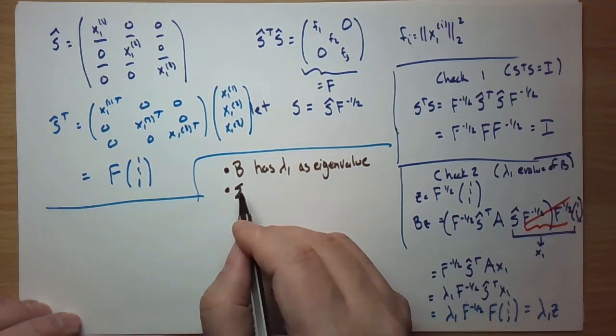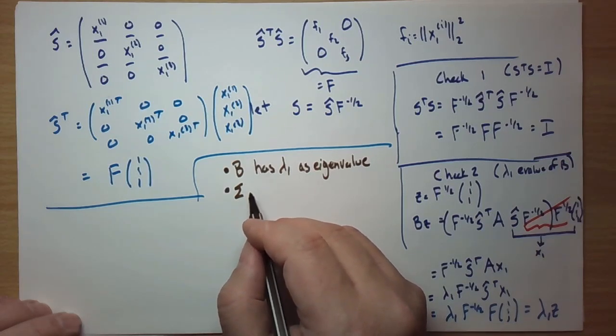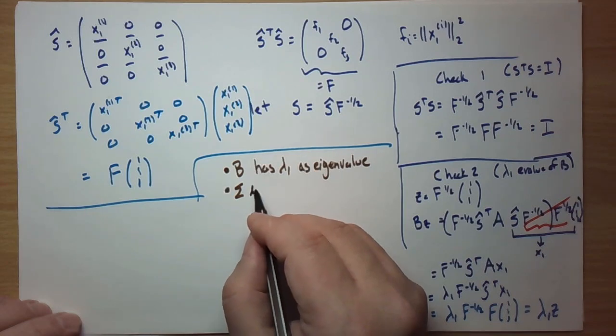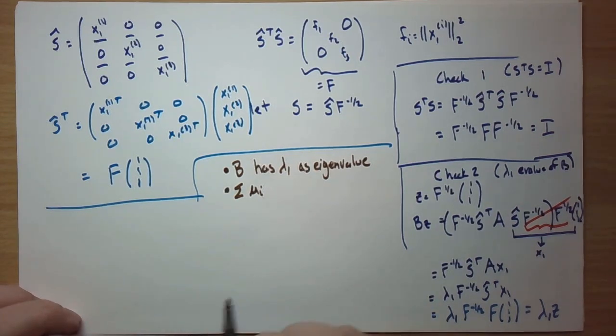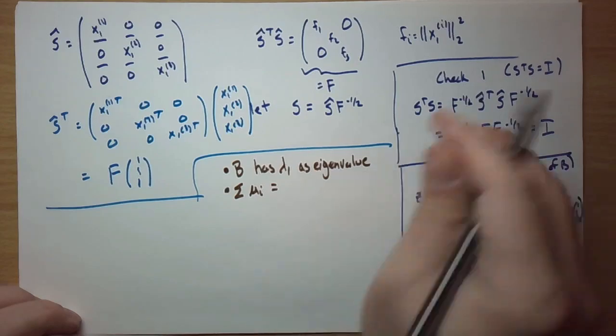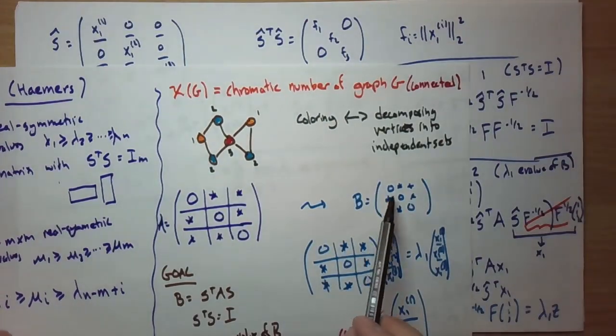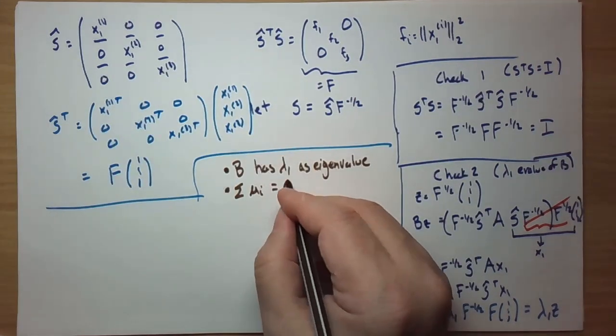What's the sum of the eigenvalues of B? Let's call these the mu i's. So the sum of the mu i's is the trace of B, which is? By design, what does B have on the diagonal? Zeros.